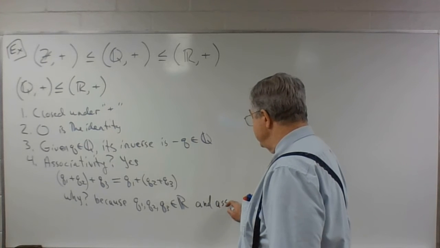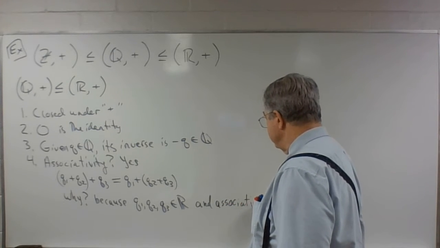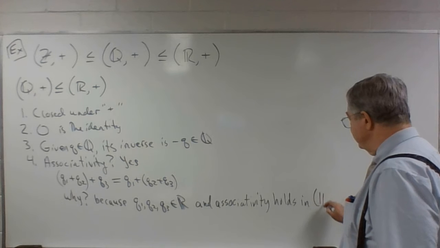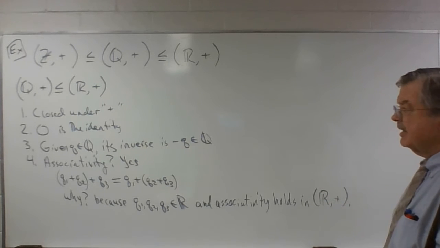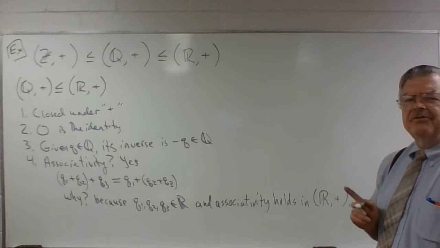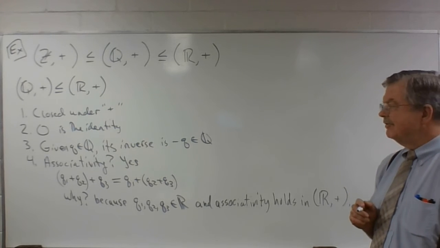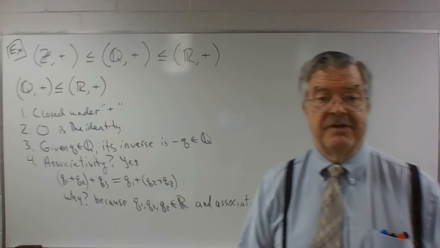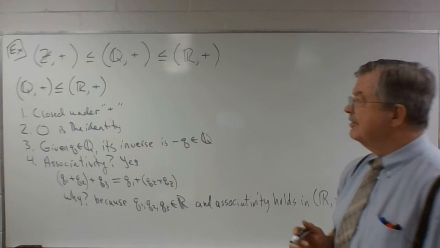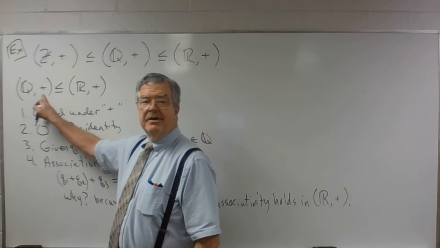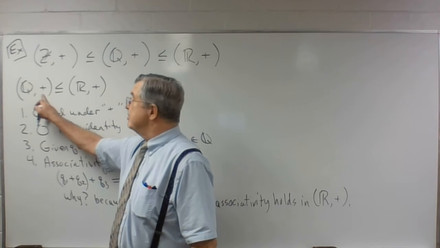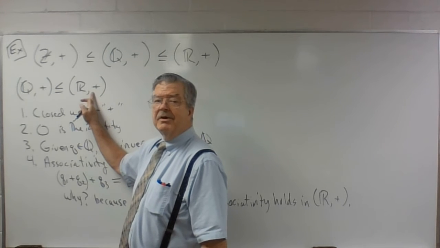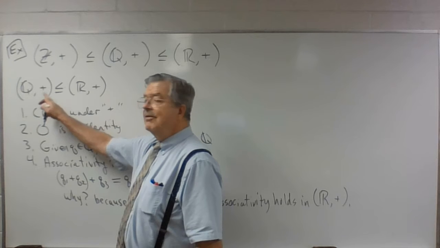And associativity holds in the group of real numbers under addition. From now on, when this sort of thing happens and associativity is inherited from the parent group, I'll use that exact expression. I'll say that the operation is associative in the prospective subgroup because the operation is associative in the parent group. In other words, associativity is inherited from the parent group.